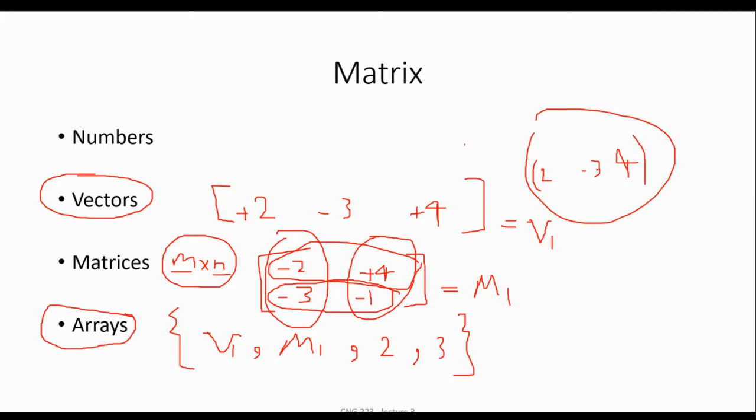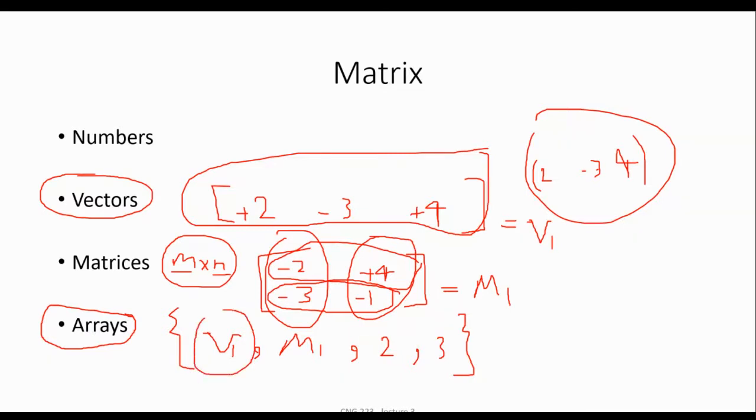For example, if I have only this vector, I can also call it an array, because a vector is a subset of an array. The whole thing here could be just one element inside of an array. And of course, it depends on how we define such things. But in general, if they contain the same elements, then we can define them as subsets of each other, right?